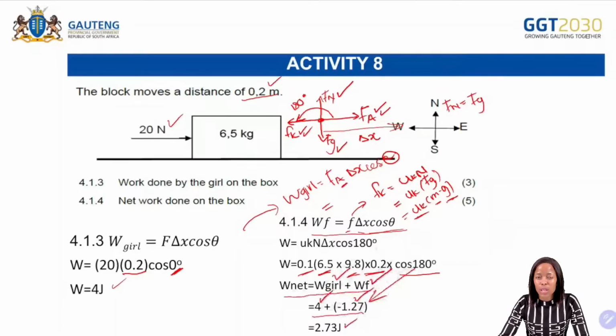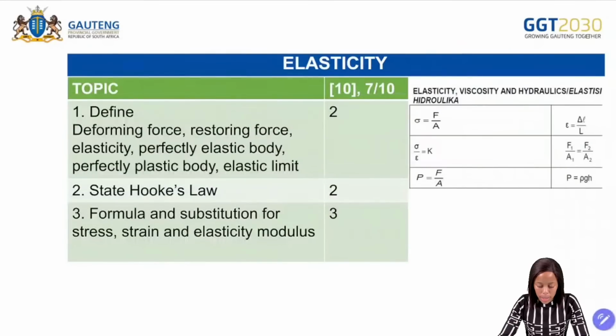So with work, when you get the answer as a negative, you don't change the answer and make it a positive when you substitute into the formula. You take the answer as it is, that negative, you substitute it into another formula, and from there you are able to calculate your answer.